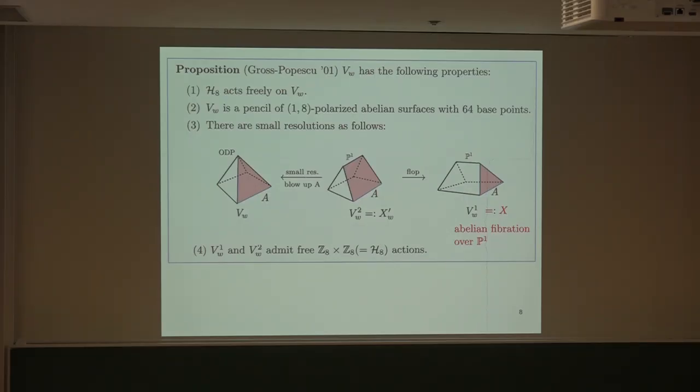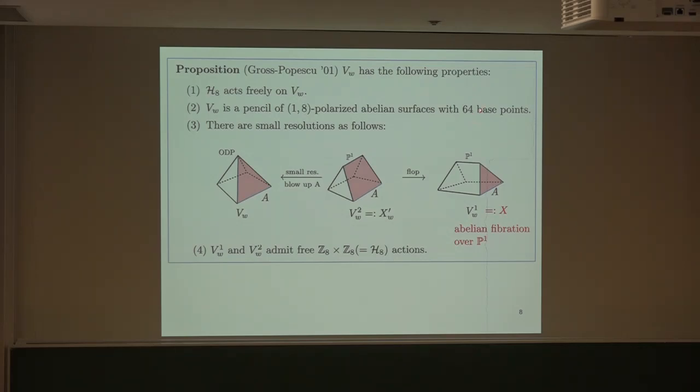The picture is something like this. We have 64 base points, and the base points give us the singularities. Only the omega is a singular Calabi-Yau manifold.